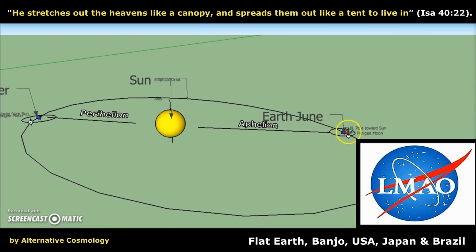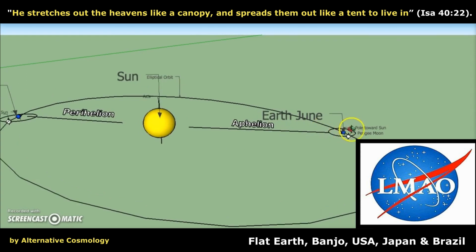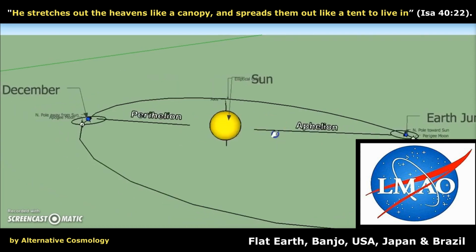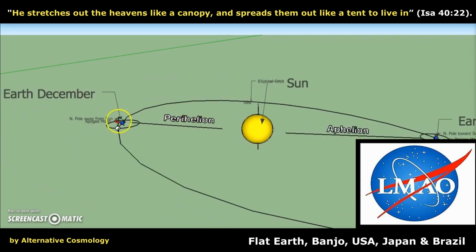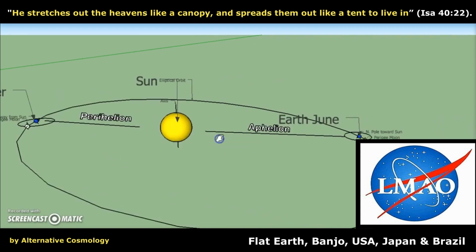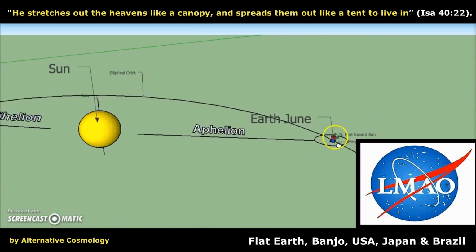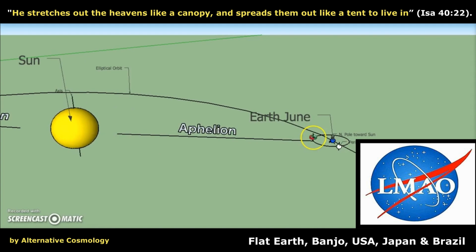So in the heliocentric model, in June the Earth is furthest from the Sun, called aphelion, and in December the Earth is closest to the Sun, called perihelion. Now in June it's summer in the northern hemisphere and winter in the southern hemisphere. And you would think it's further from the sun, so it would be winter in the northern, but it's actually winter in the southern.